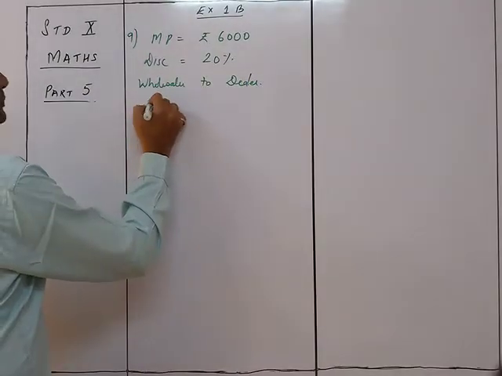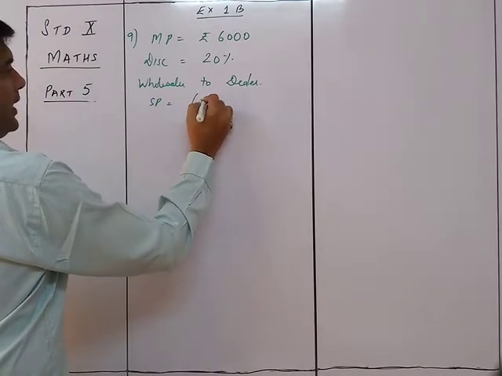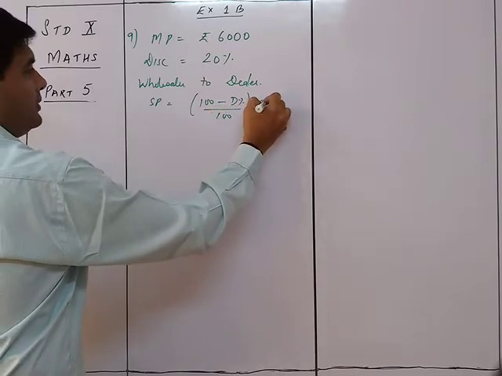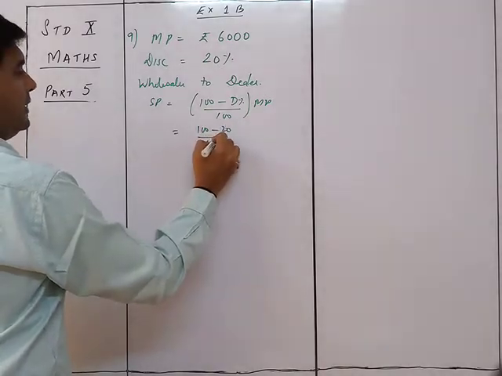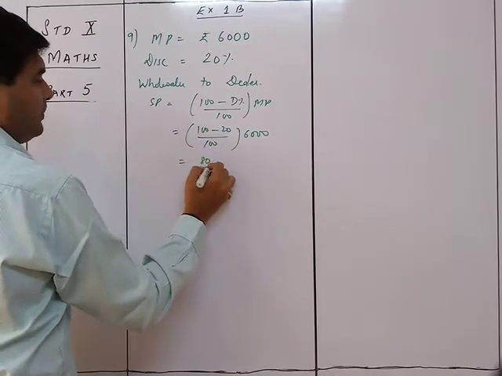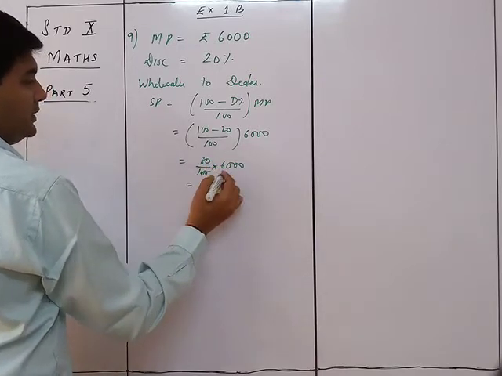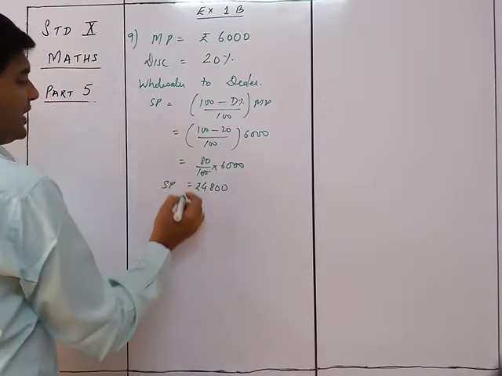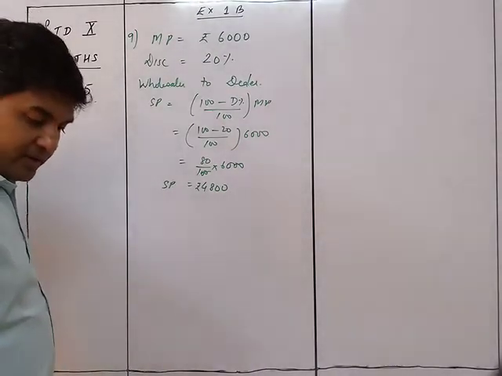Accordingly, SP will be equal to (100 minus D%) upon 100 into MP. That will be (100 minus 20) upon 100 into 6,000, so 80 upon 100 into 6,000. That's 4,800. So the SP of the article to the dealer will be 4,800.